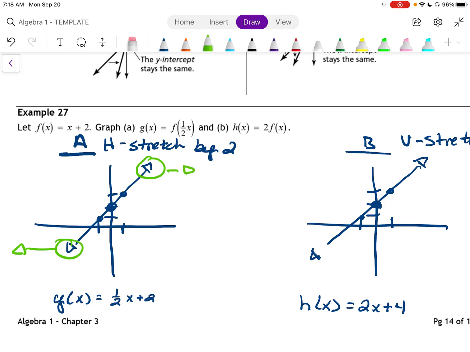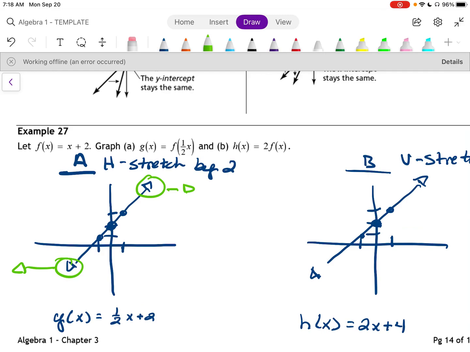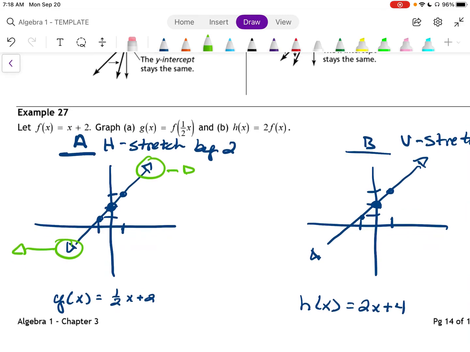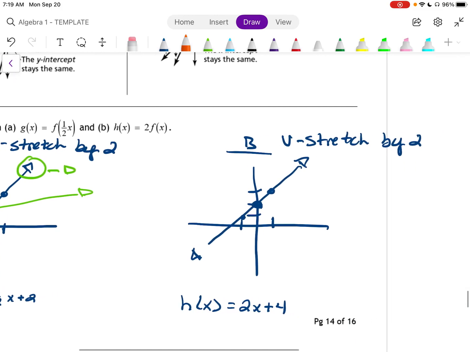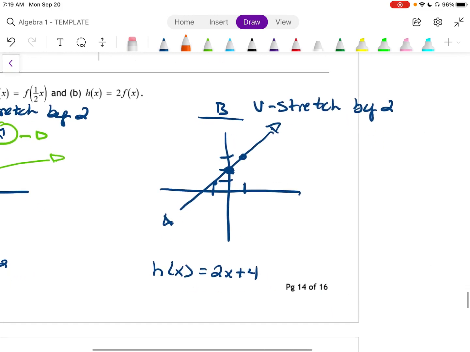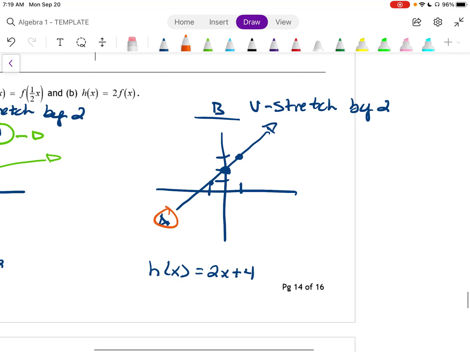So it would do something like this. We would pull it to be something more like that. For a vertical stretch, it's going to take the bottom and pull it down, the top and pull it up. And what this would end up doing would be something more like that.